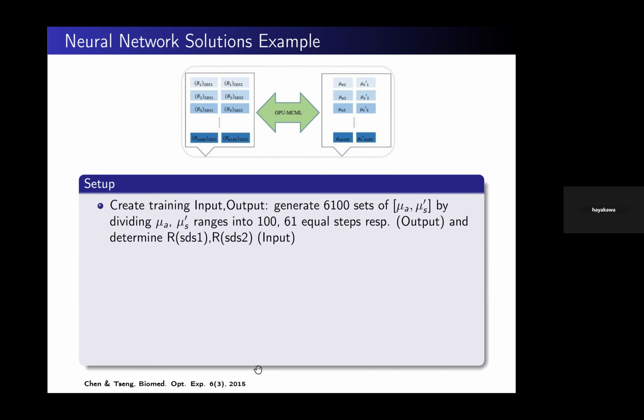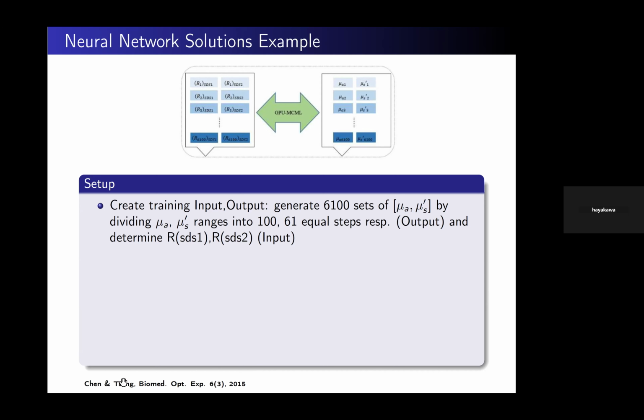So I'm going to show the results of somebody who used a neural net to solve a very common problem in biomedical optics. I chose this example for 2 reasons. It's a common problem, like I said.